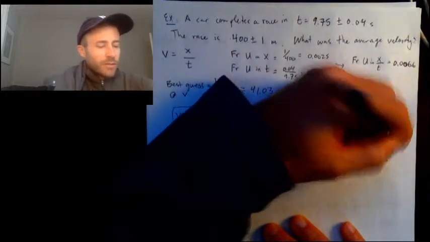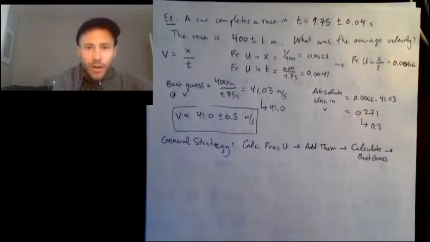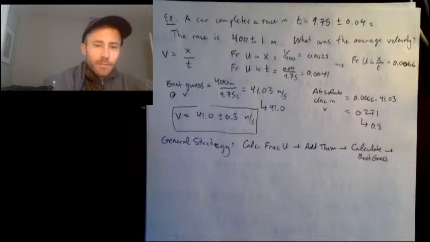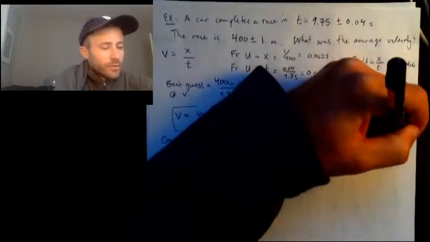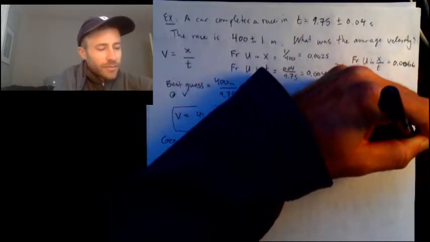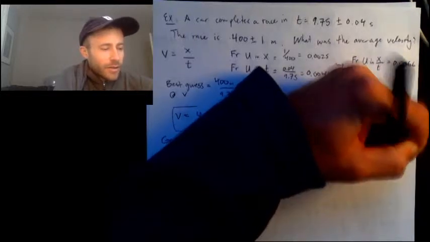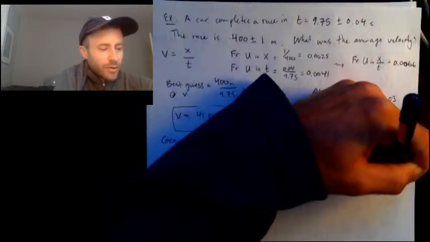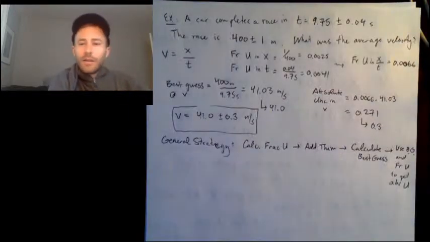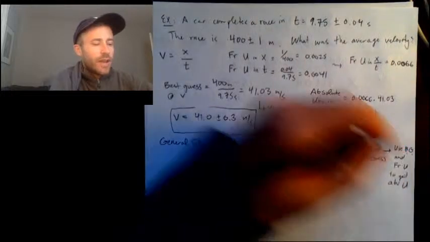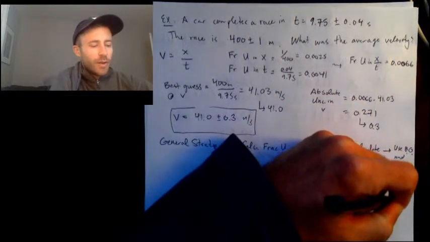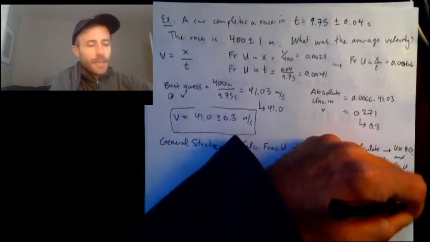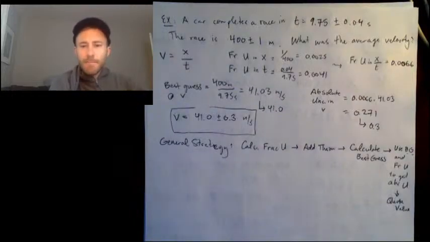And lastly, after you calculate your best guess, use the best guess and the fractional uncertainty to get the absolute uncertainty. And then once you have the absolute uncertainty and the best guess, you quote your value.